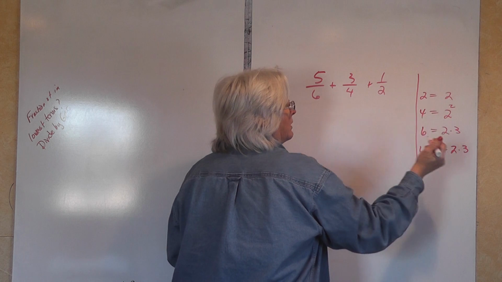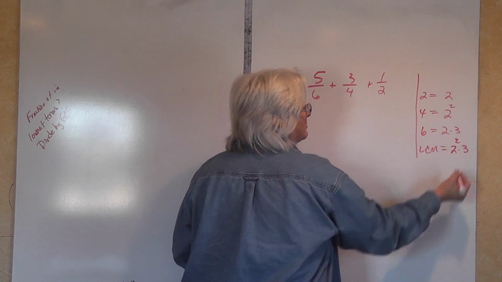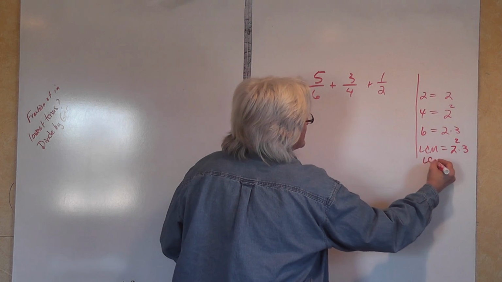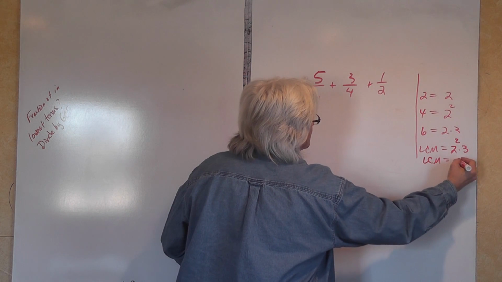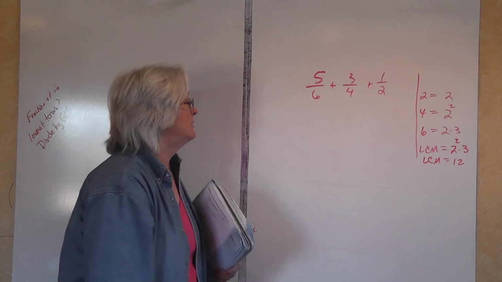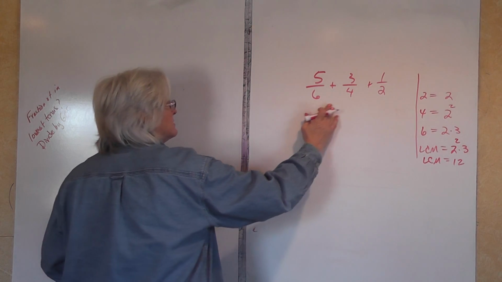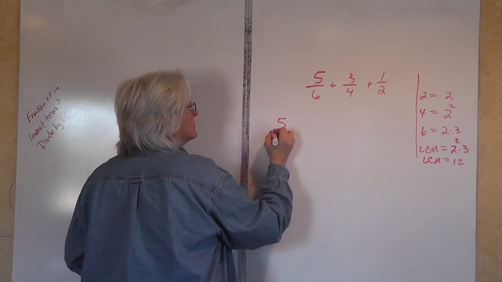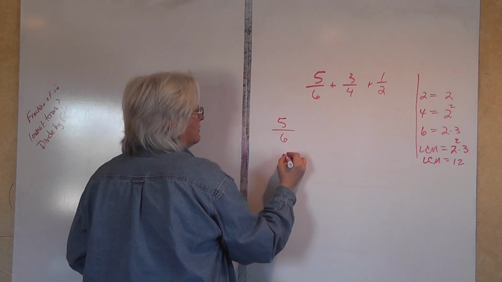Here we have a 2 squared. So our least common multiple is 2 squared times 3, which gives us a least common multiple of 4 times 3, or 12. This means that we have to rewrite each of these fractions with a denominator of 12.